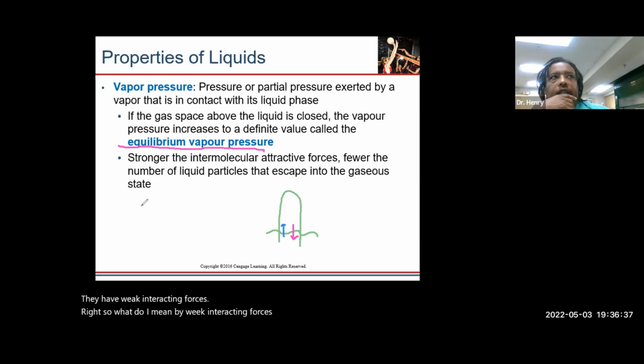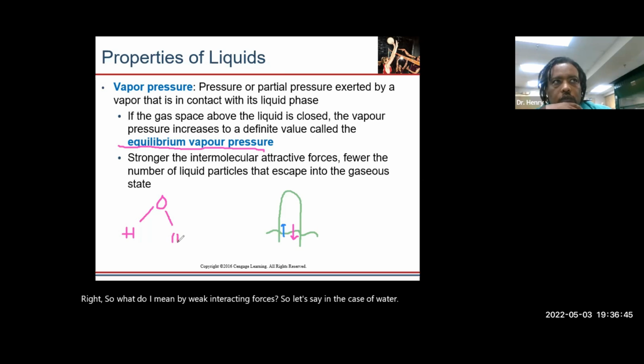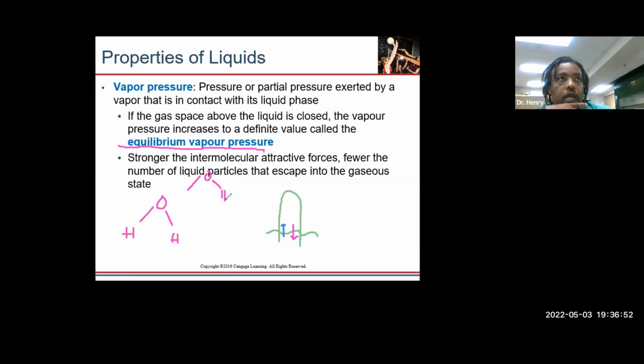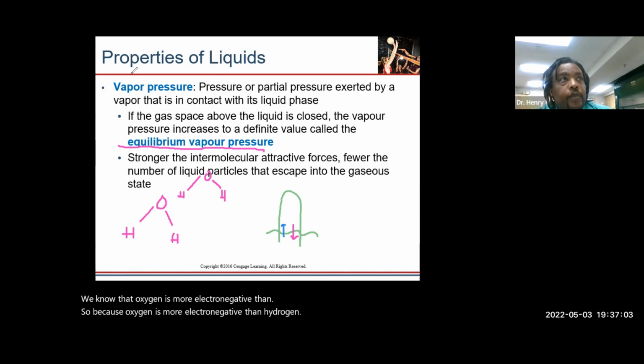Let's say in the case of water, we know that oxygen is more electronegative than hydrogen. So because oxygen is more electronegative than hydrogen, oxygen is going to get a partial negative charge associated with it.